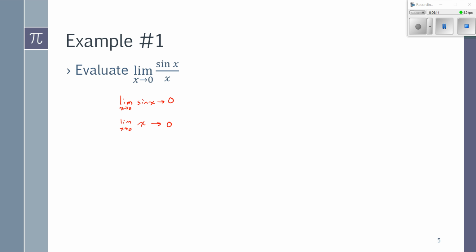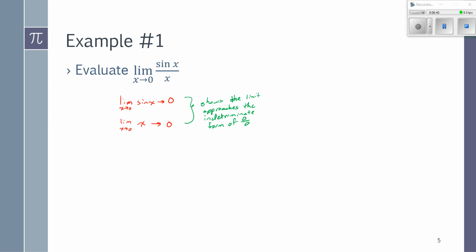So this right here shows the limit is approaching the indeterminate form of 0 over 0.